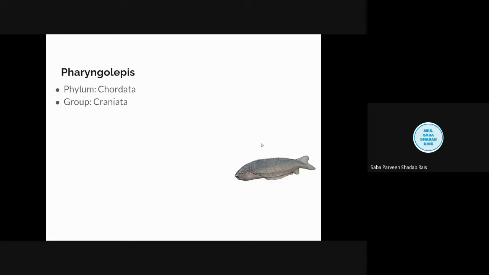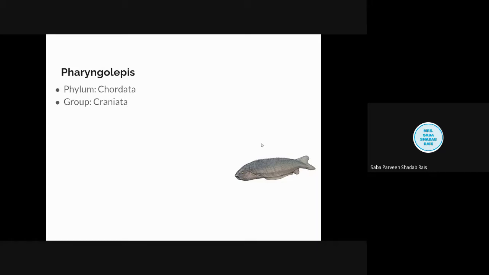I repeat, for this particular class you will write this. In other classes of Craniata you will not write the same reason, because as we go ahead we will find that their cranium will have a complex brain. But for this particular class, presence of a definite head, cranium with a simple brain.